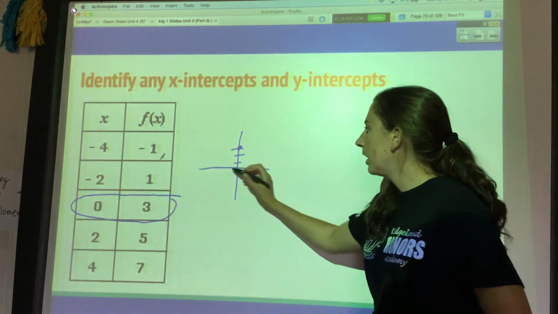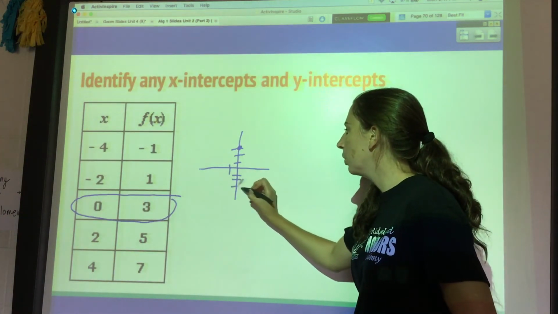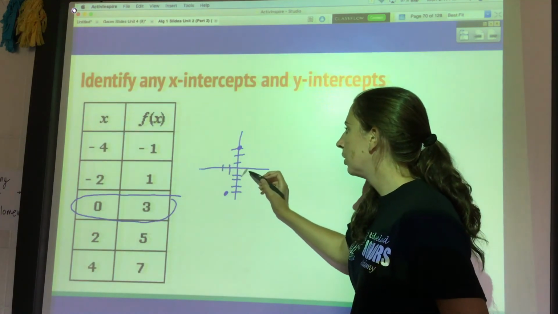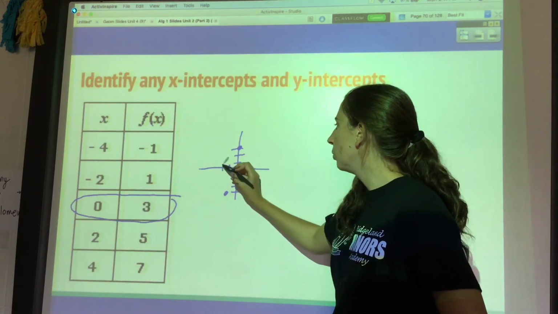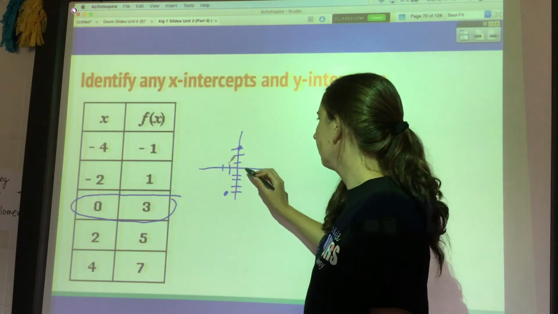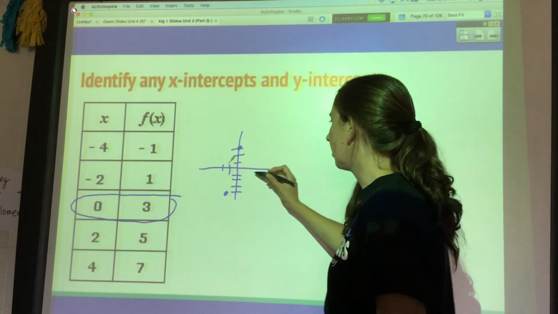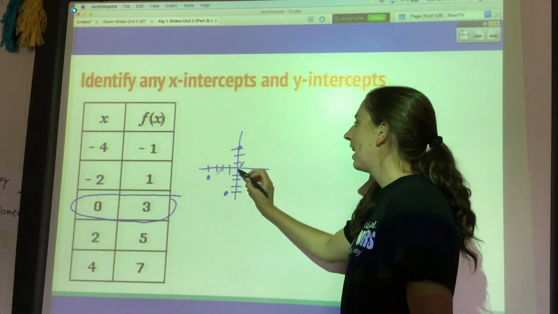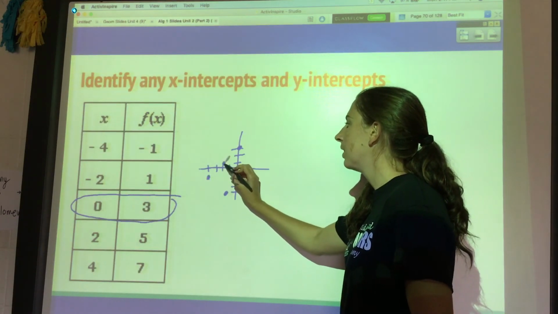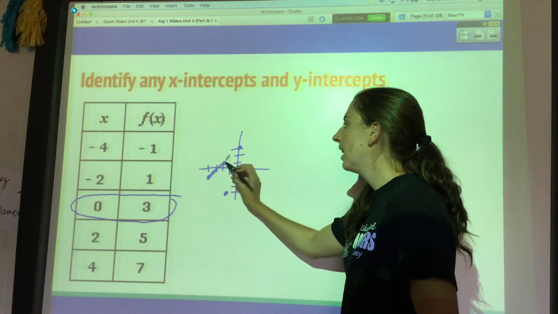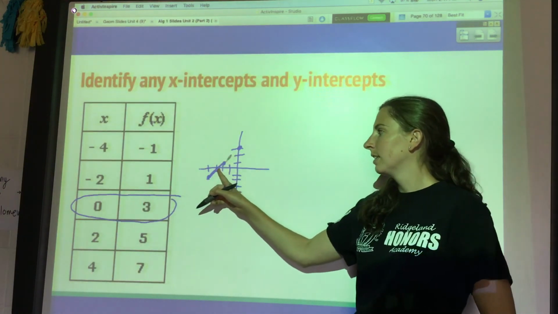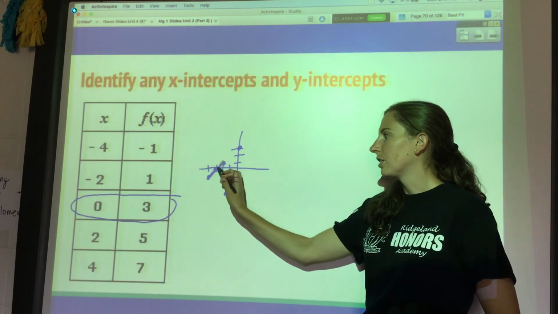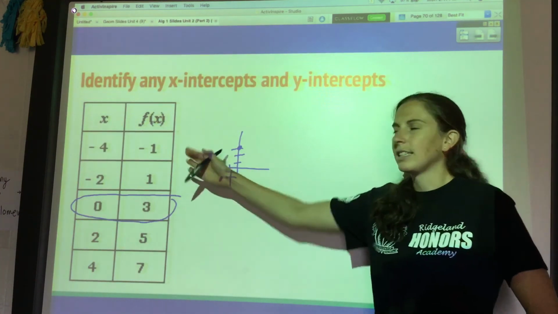If you graph those points, (-4, -1) and (-2, 1), I messed up, sorry. There we go. Do you see how right in between here, I hit the x-axis? Because it went from -1 to +1. So there was actually an intercept at -3 there. You just couldn't really see it in the table.